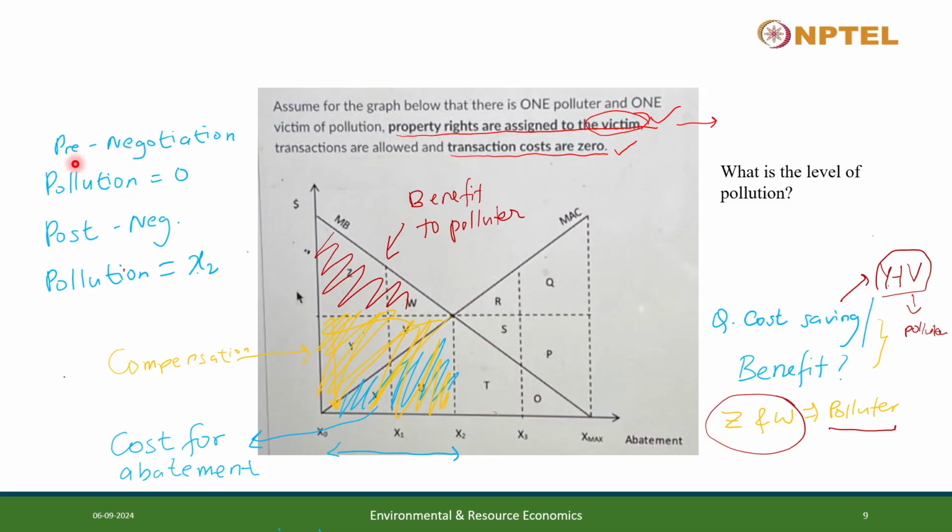Initially, when there is zero pollution, there will be no production at all, so the social welfare will also be zero. However, when we allow some level of pollution, then we will have positive social surplus. That is what we have solved in this question. So when there is no negotiation, the pollution will be zero, and when there is negotiation, the pollution will be till x2.